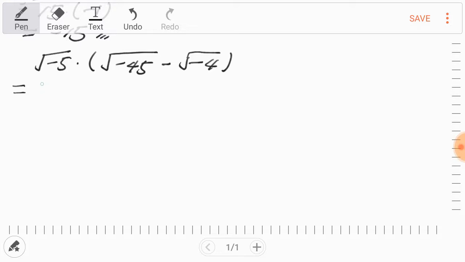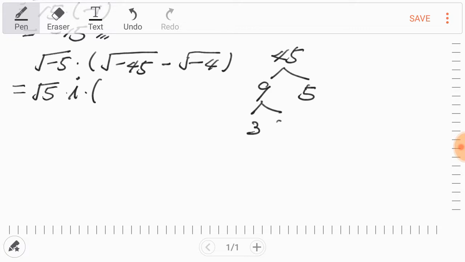The square root of negative 5 is square root of 5 times the negative sign with the square root, which becomes the imaginary unit i, multiplied by, okay, what is square root of 45? 45 is a product of 9 times 5, and 9 is 3 times 3, so we can write it as square root of 3 squared times 5.